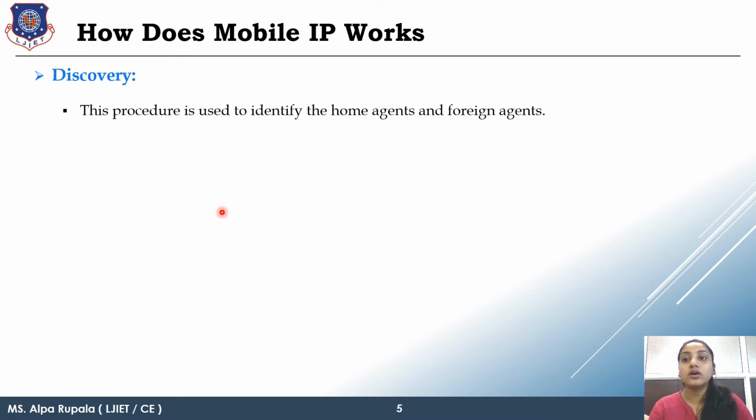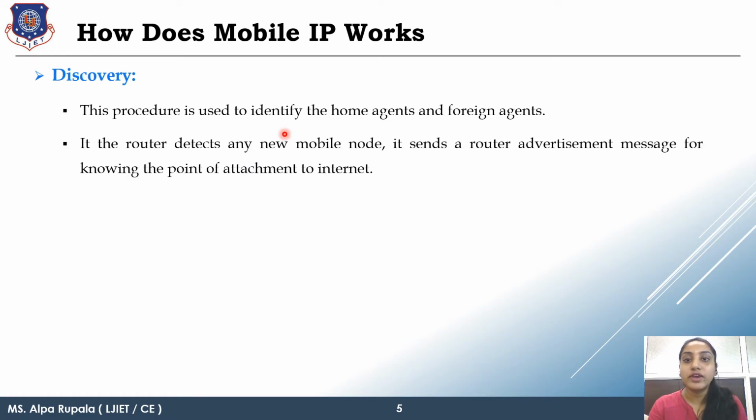First of all, your network needs to identify whether the nodes in its environment are home agent nodes or foreign agent nodes. For that, whenever any new node comes into a network, whether it is home or foreign, we are not considering any particular network or router environment. At that time, your router will send a particular message which is known as an advertisement message.